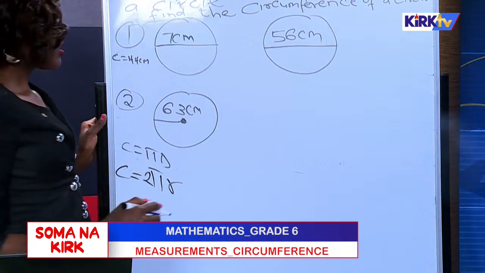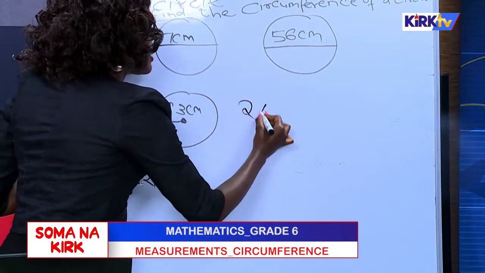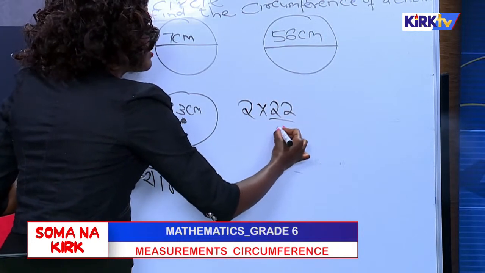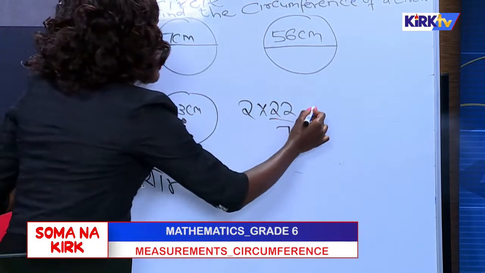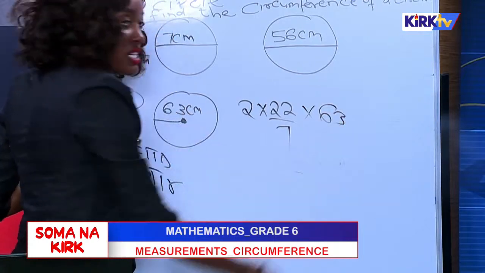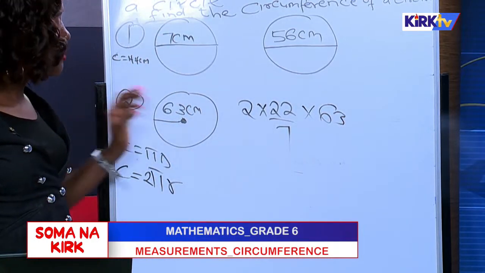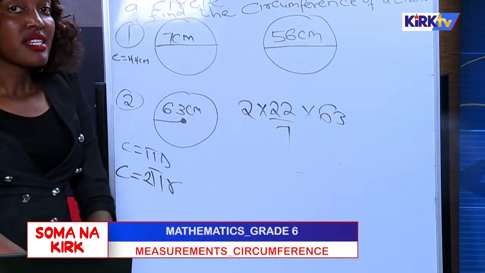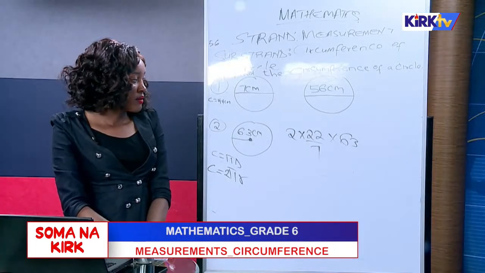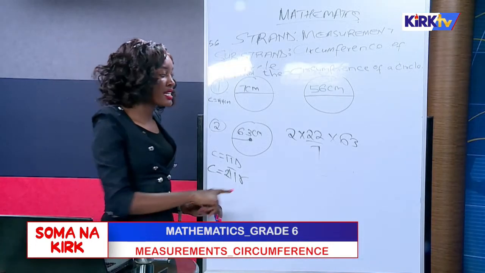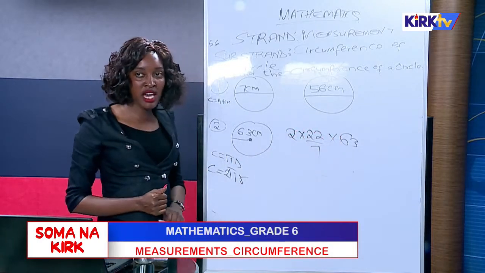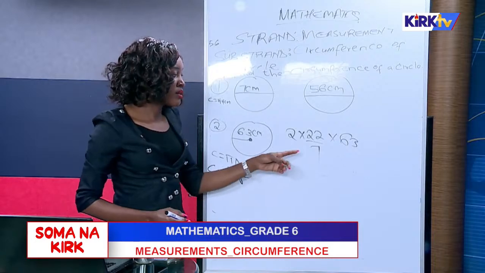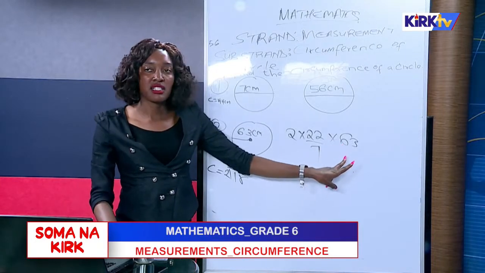So 2 multiplied by 22 over 7, then we have our radius as 63, multiplied by 63. Tell me which one is easier. So you simplify. How many times will 7 go into 63? I said it's easier to simplify rather than multiplying first and then dividing.